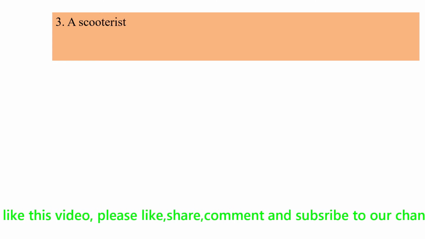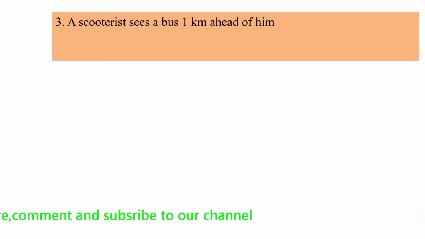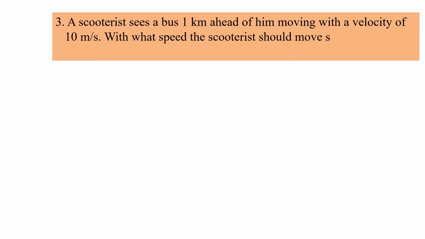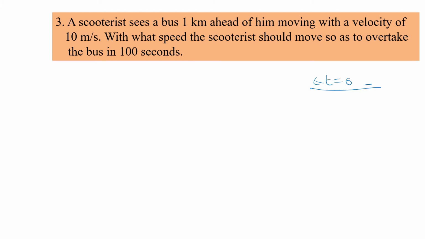In this question, a scooterist sees a bus 1 kilometer ahead of him moving with a velocity of 10 meters per second. With what speed should the scooterist move so as to overtake the bus in 100 seconds? Here, suppose this distance at t is equal to 0 is 1000 meters.